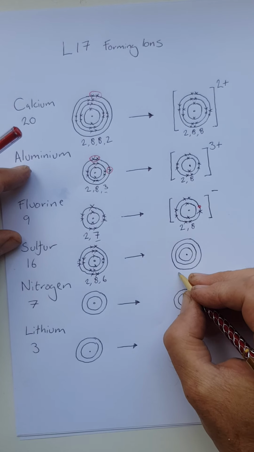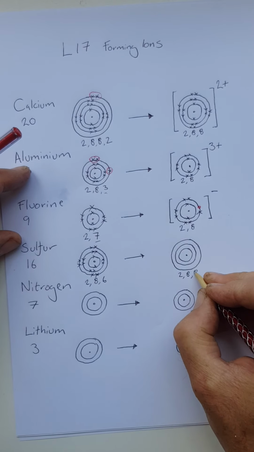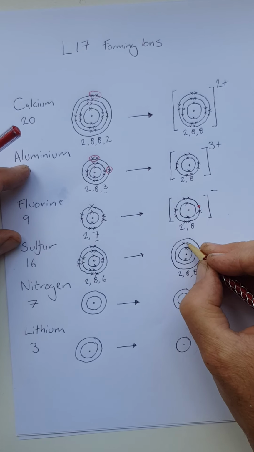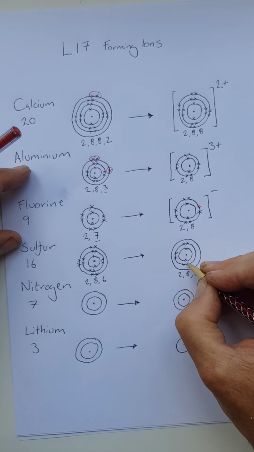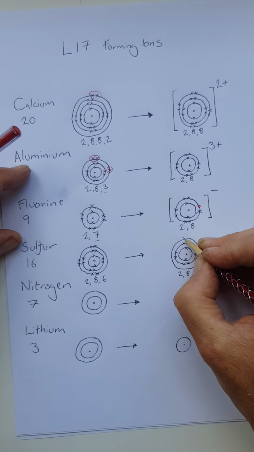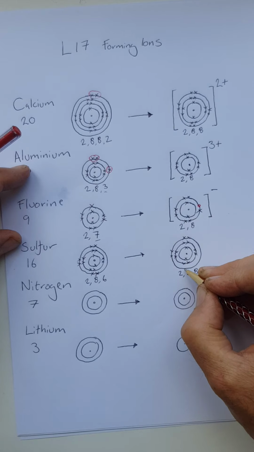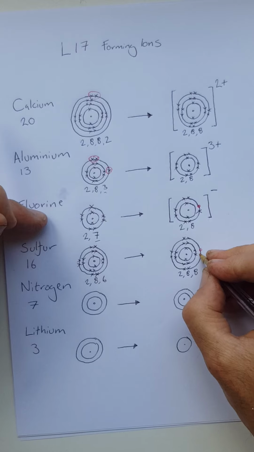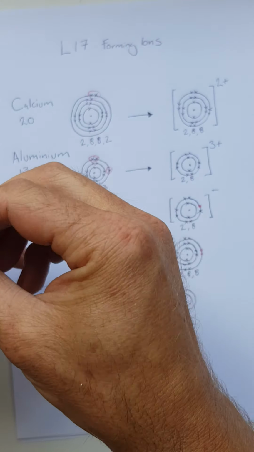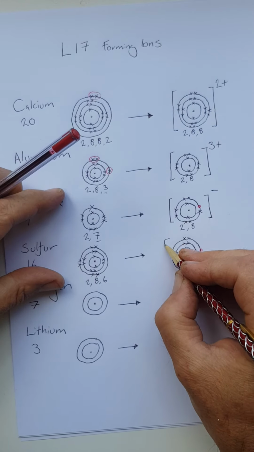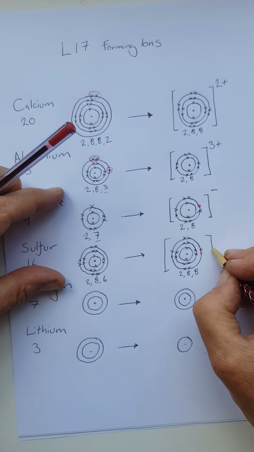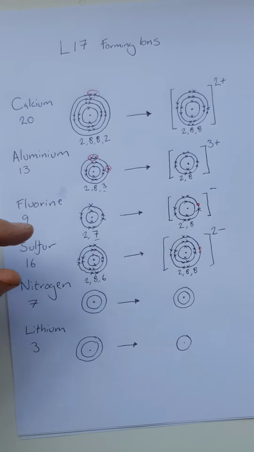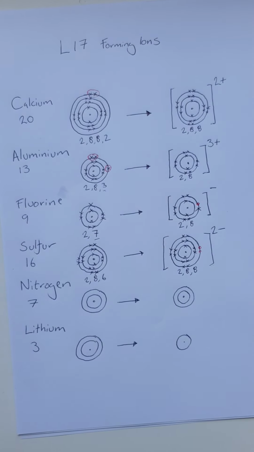So it's going to get this configuration, 2, 8, 8, which is the same as argon. I'll draw these 2 as red ones because we've gained those from somewhere else. And that's an ion because it's got more electrons than it's got protons. In fact, it's got 2 more electrons than it's got protons, and so its charge is -2.